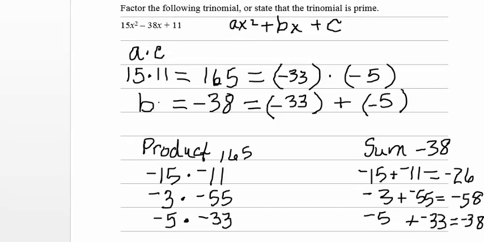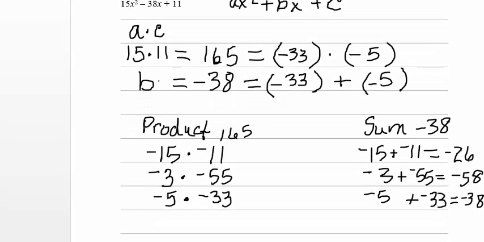Once I find those two numbers, I'm going to take this trinomial, and I'm not going to change the first term, but instead of writing the middle term as negative 38x, I'm going to write it as negative 5x minus 33x. And then I'm not going to change the last term.